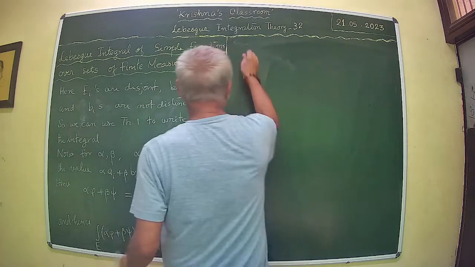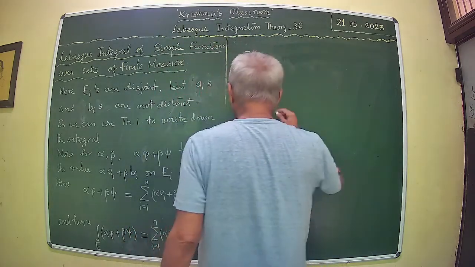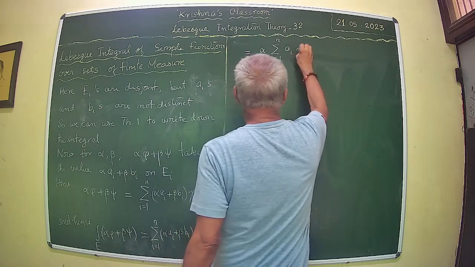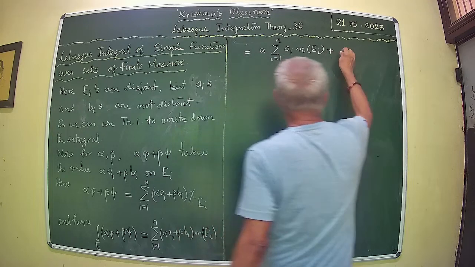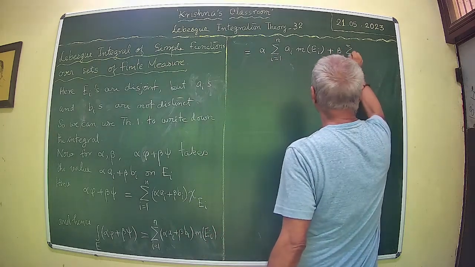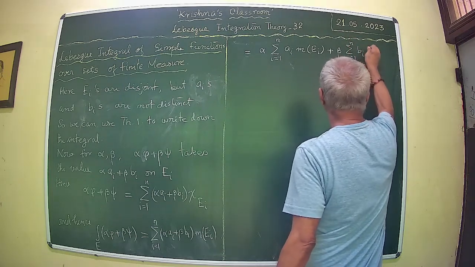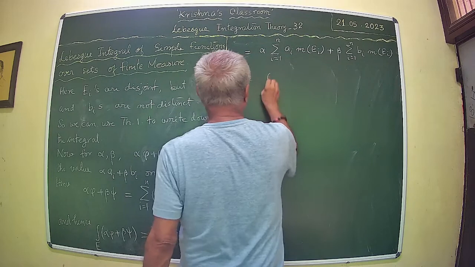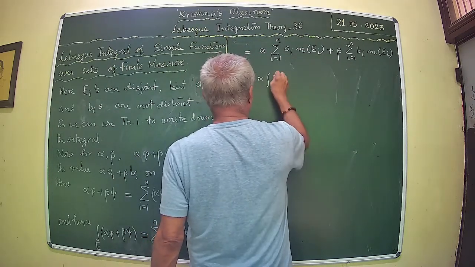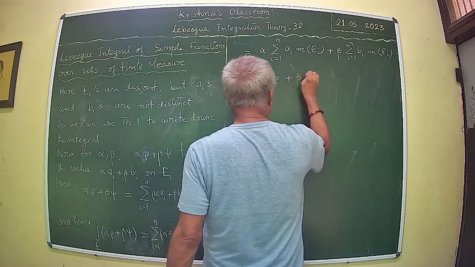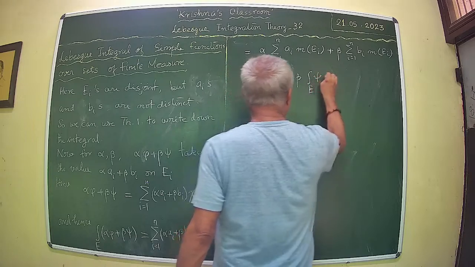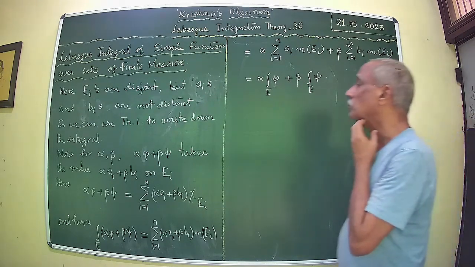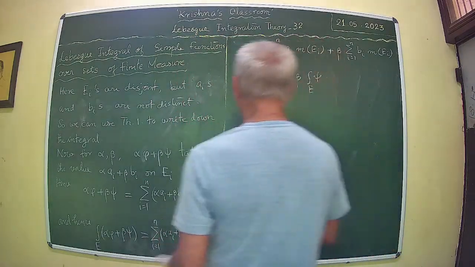So this is equal to alpha times the integral of phi plus beta times the integral of psi, which is equal to the integral. Okay. So that proves the linearity.